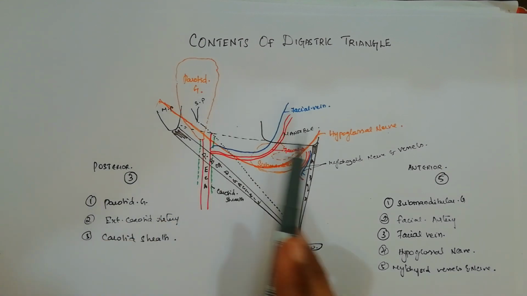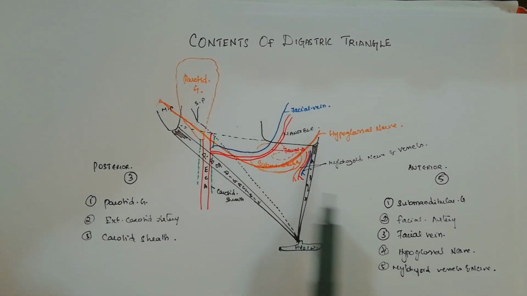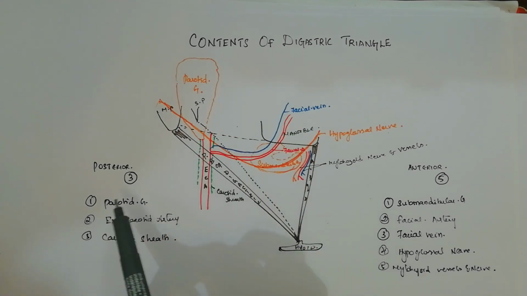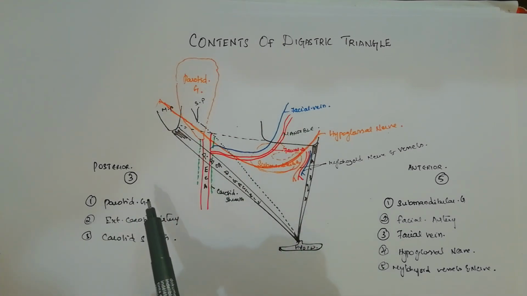So these are the details we have to remember while we are talking about the contents of this digastric triangle. So contents altogether 8 in number, anteriorly 5, posteriorly 3.